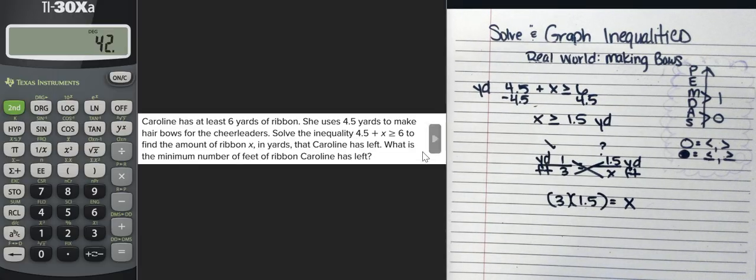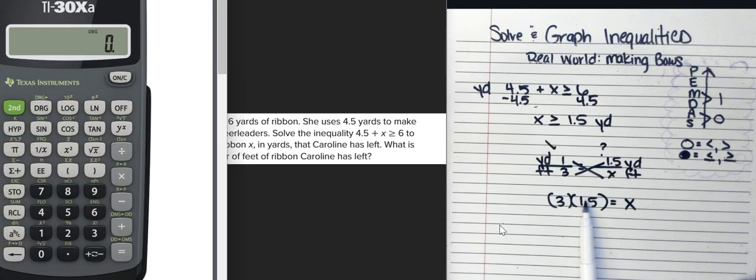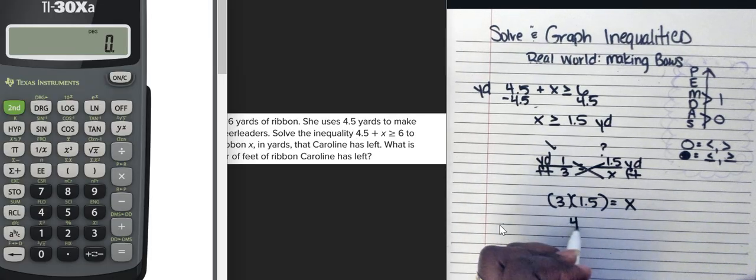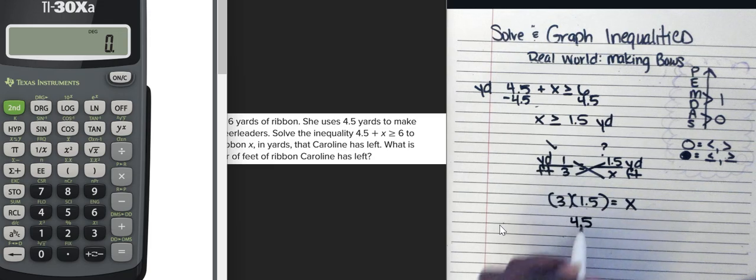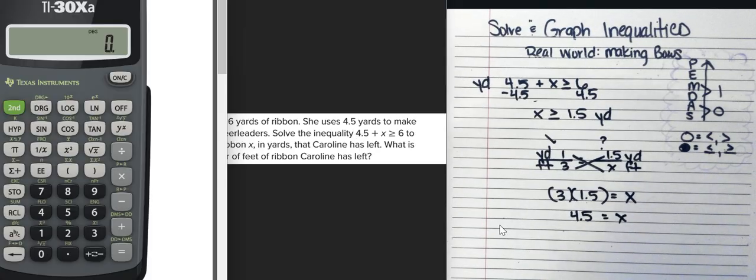Okay, so 3 times 1.5, I know it's going to be 4.5, but let me just plug that in. I could ignore the decimal. I know that 15 times 3 is 45. I'm going to plug in 45, and there's one number to the right of the decimal, so I'm just going to plug in my decimal, and that is the value of x. So x has to be 4.5 or greater to make this a true statement.